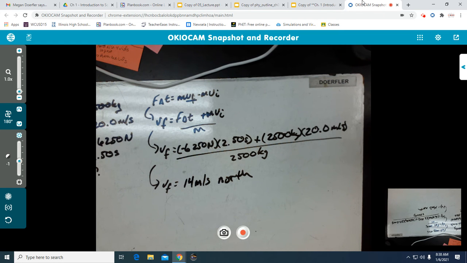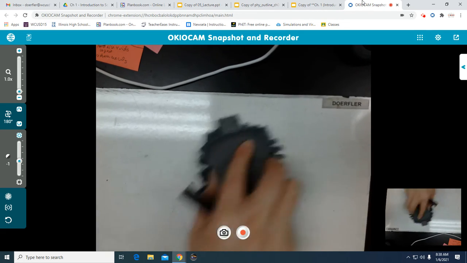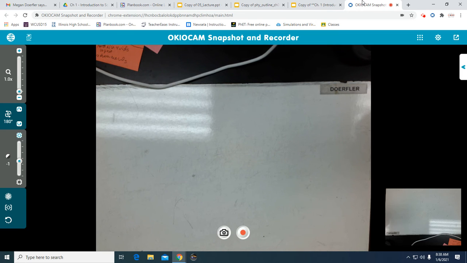So that was 2A. Now let's look at number 3. Number 3 says, assume that the car in sample problem C has a mass of 3,250 kilograms. We're on 3A: how much force would be required to cause the same acceleration as in item 1?